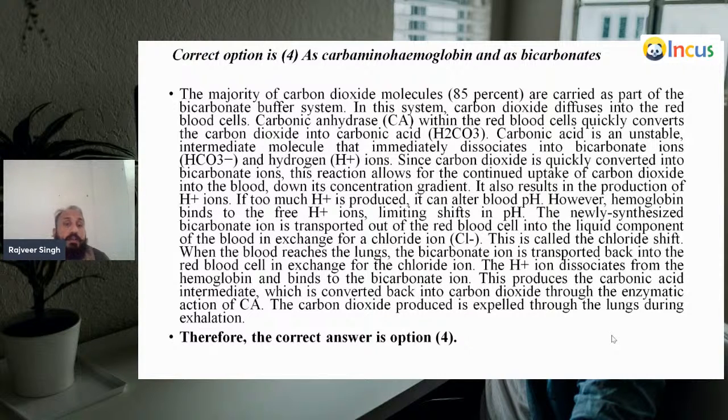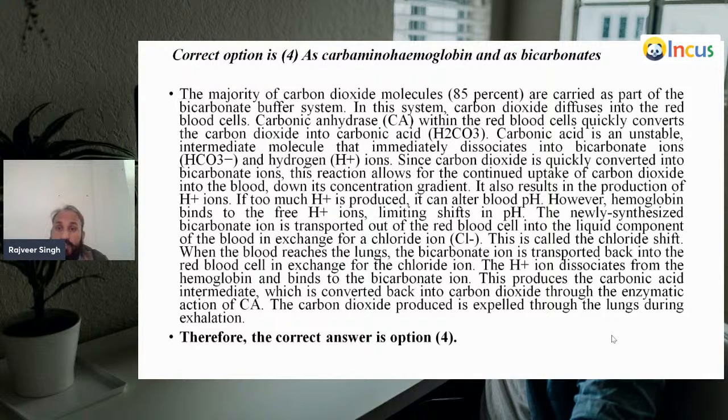And here, the buffer system. In this system, carbon dioxide diffuses into the red blood cells, where carbonic anhydrase (CA) quickly converts the carbon dioxide into carbonic acid H2CO3. Carbonic acid is an unstable intermediate molecule that immediately dissociates into bicarbonate ions HCO3 minus and hydrogen H plus ions.